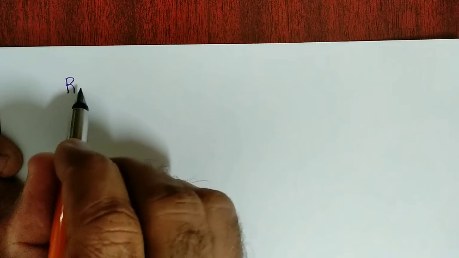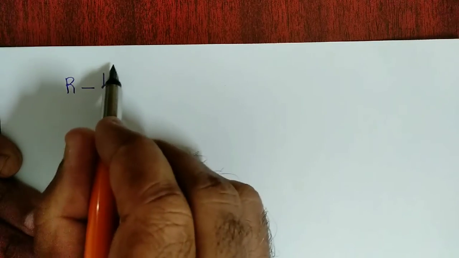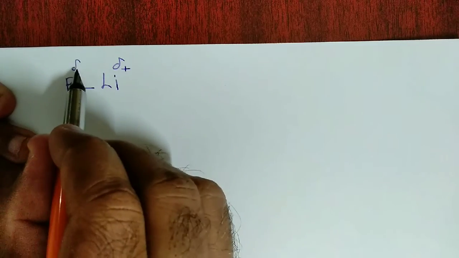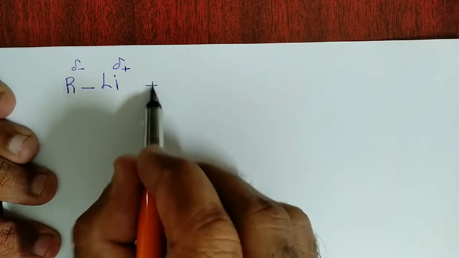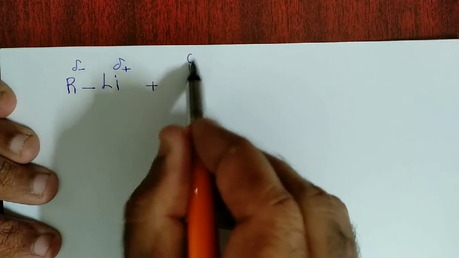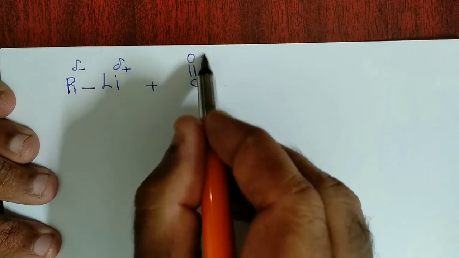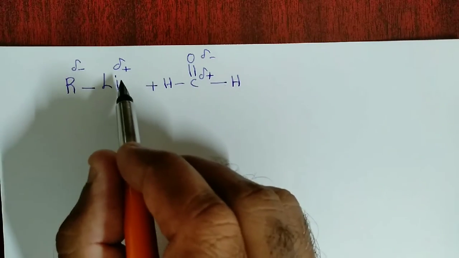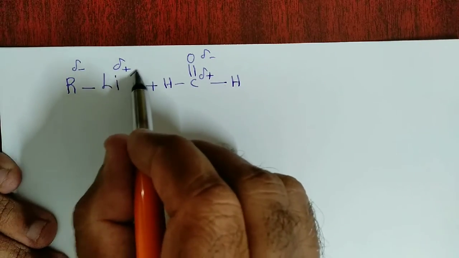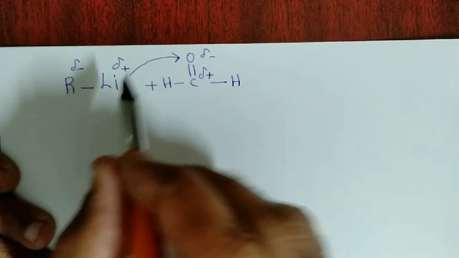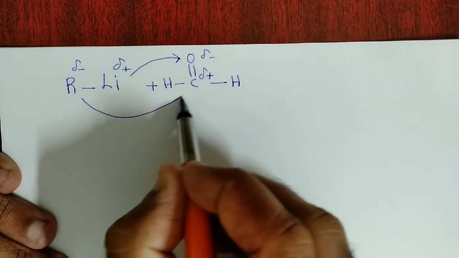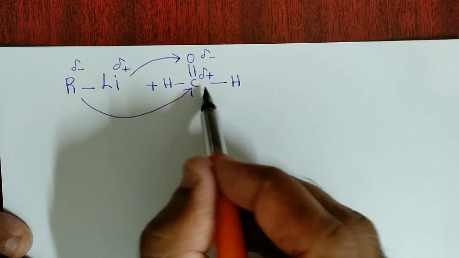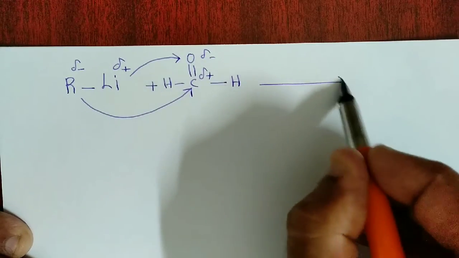Organolithium compounds give an addition product with aldehydes and ketones. For example, formaldehyde. Lithium having delta plus is added to oxygen atom of a carbonyl group. R group having delta minus is added to carbon atom of a carbonyl group.